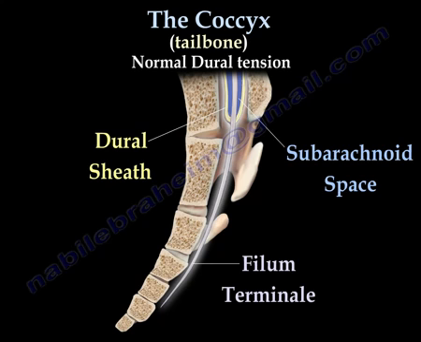The normal dural tension occurs because the filum terminale is connected to the dural tube, and there is that smooth movement of the dural tube as the coccyx moves normally.